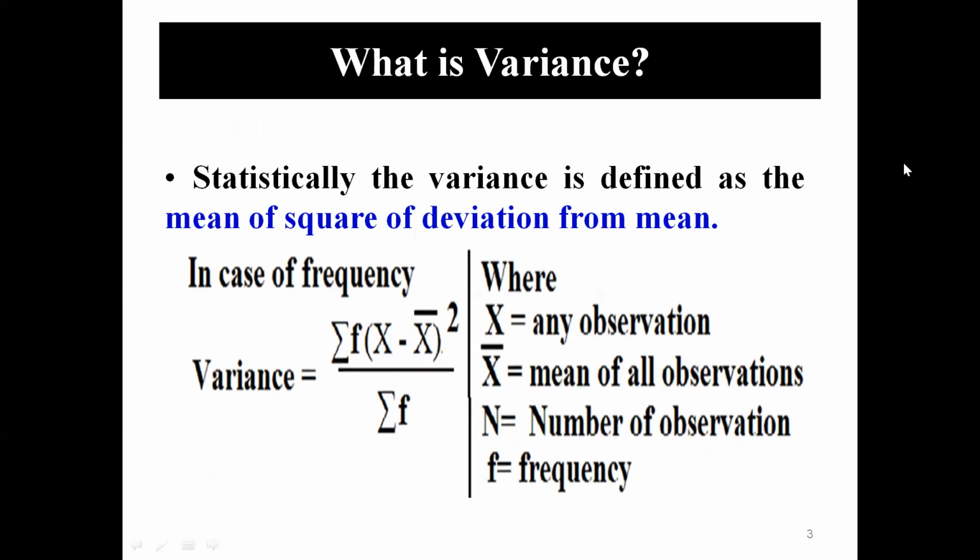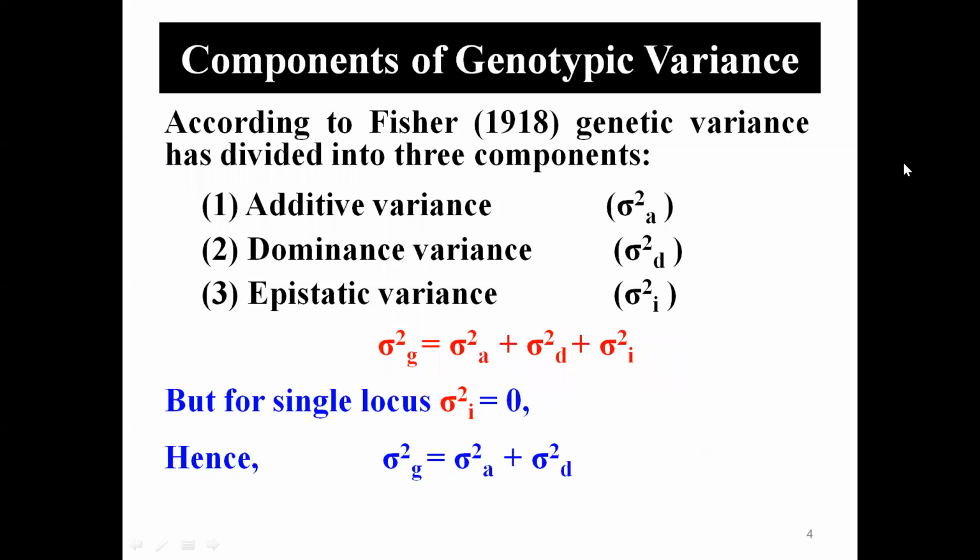We will have to determine variance. So what is variance? You already know. This is our basic formula: sigma f (x minus x bar) whole square divided by sigma f. What are the components of genotypic variance?